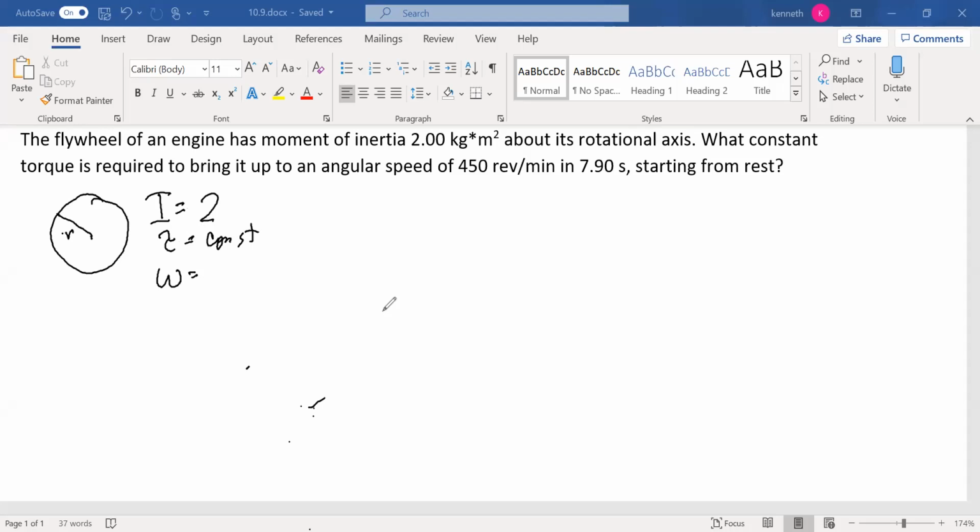Angular velocity, 450 revolutions per minute, a little unconventional, and the time, 7.9 seconds. I'm keeping the quantities without the units in MKS units. Initial angular velocity being 0, and the question is, what is the torque?